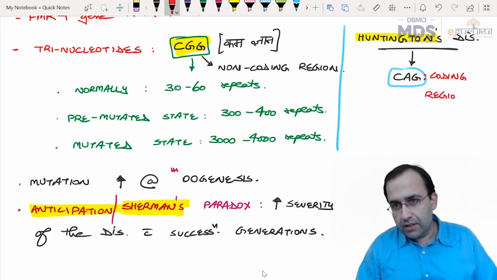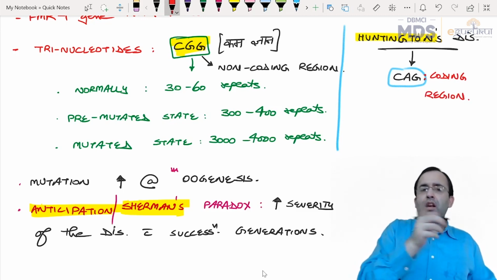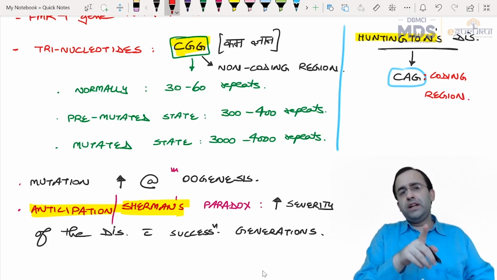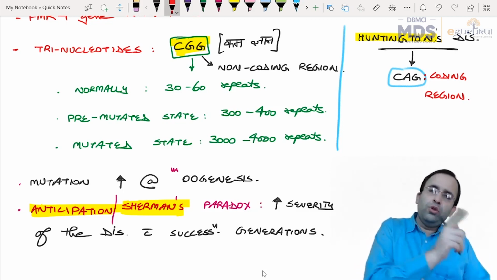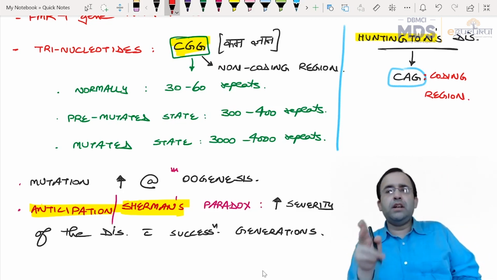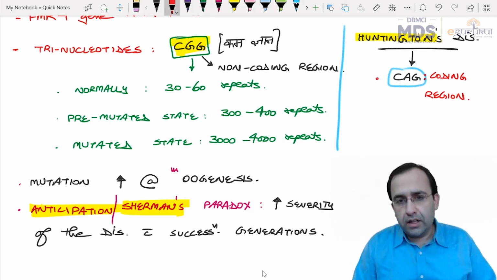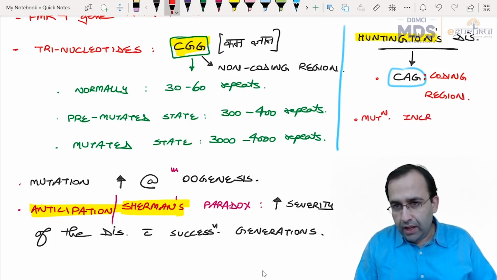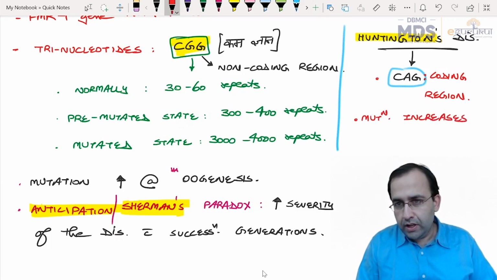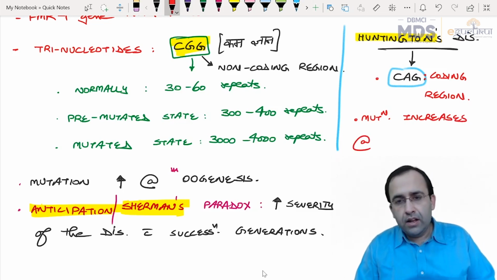This is the difference. In Fragile X syndrome, the trinucleotides getting repeated were CGG, which were in the non-coding region, versus Huntington's, in which the repeat is in the coding region. And in Huntington's, the mutation increases at spermatogenesis.